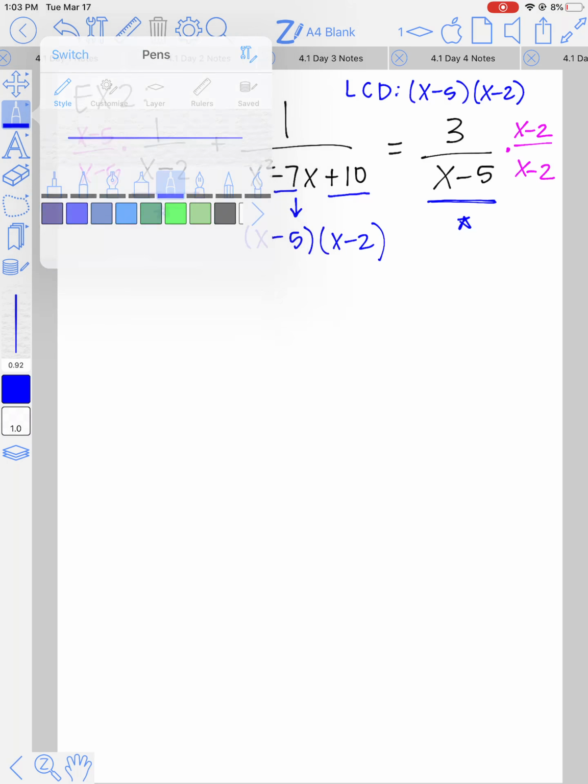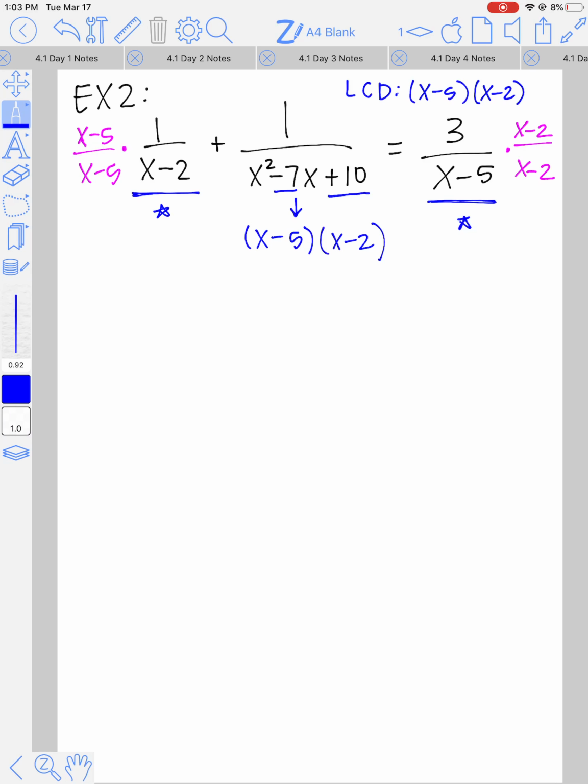Okay, so let's multiply all of that out and rewrite it. On the left, x minus 5 times 1 is just going to give me x minus 5 on the top. On the denominator, I don't want to multiply it all out again. I'm just going to leave it in factored form, x minus 5 and x minus 2.